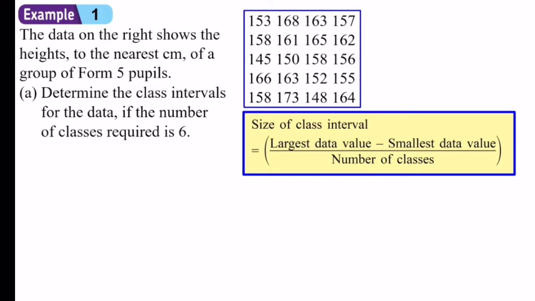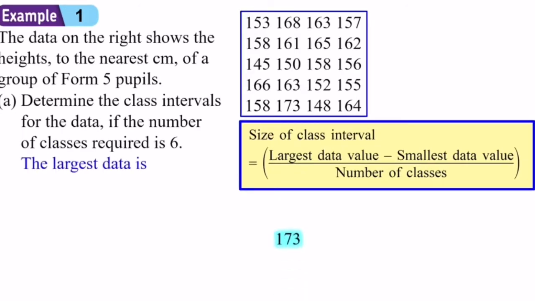Now let's focus on the data and identify the largest data and the smallest data, and after that we are going to find the range. So let's go to the data and find the largest data.